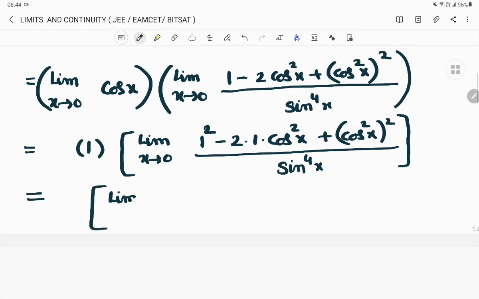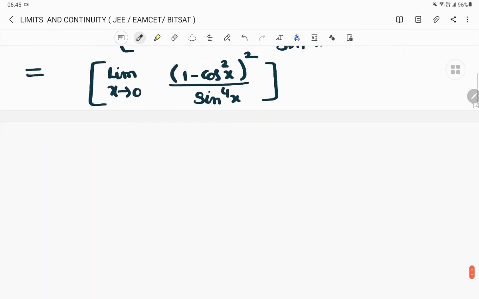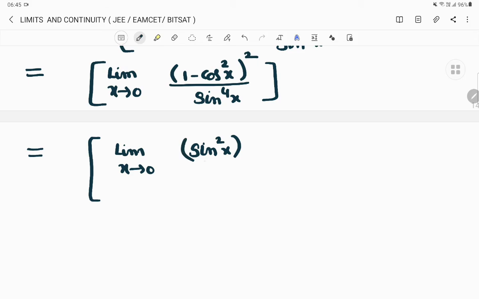So limit as x tends to 0 of 1 minus cos square x whole square by sine power 4x, which is equal to the limit as x tends to 0 of, 1 minus cos square x is sine square x, whole square. Even that step we will write. For your understanding purpose, I am writing each and every step, dear students.